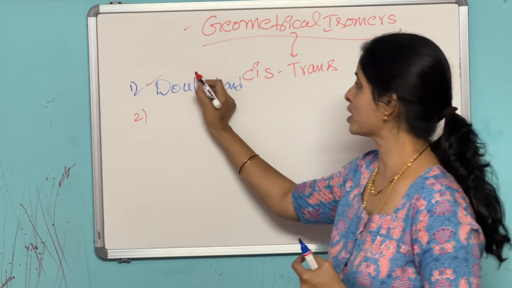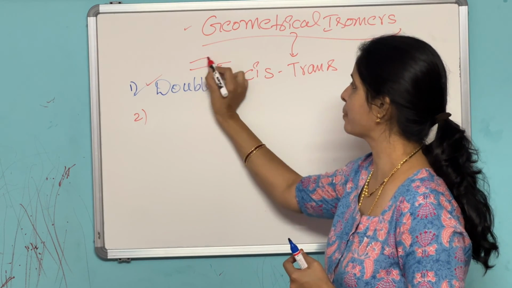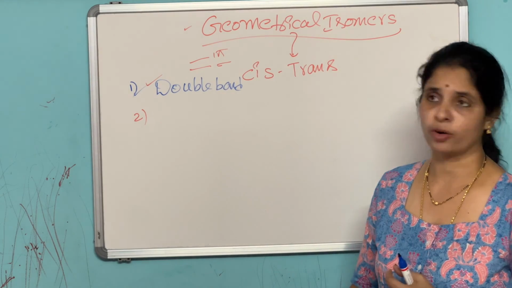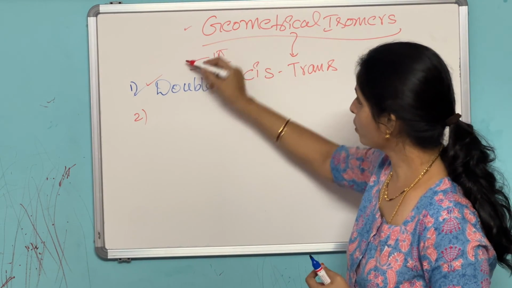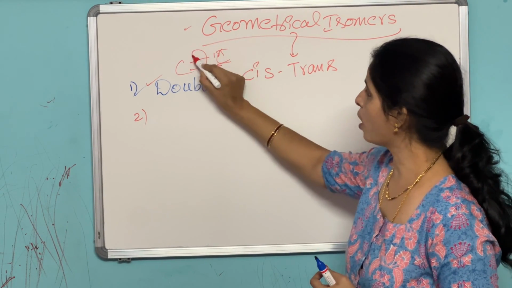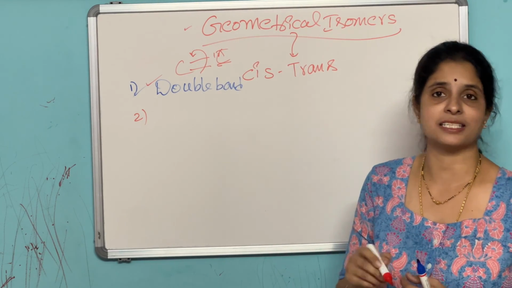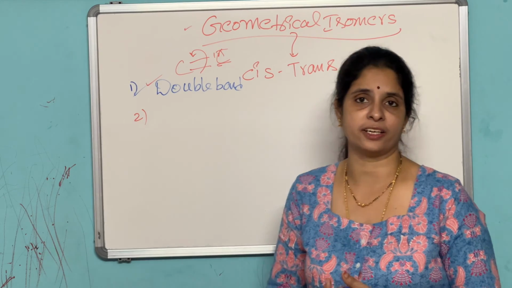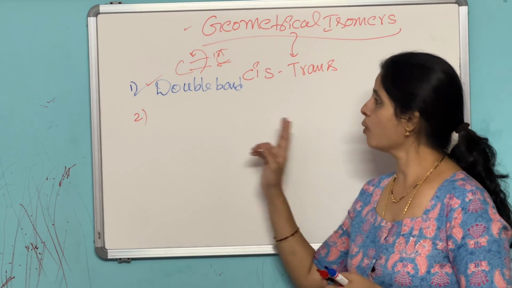Double bond means one sigma bond and one pi bond, no? So around the carbon-carbon double bond there is a restricted rotation. Rotation around the carbon-carbon double bond is restricted. So only two isomers are possible.